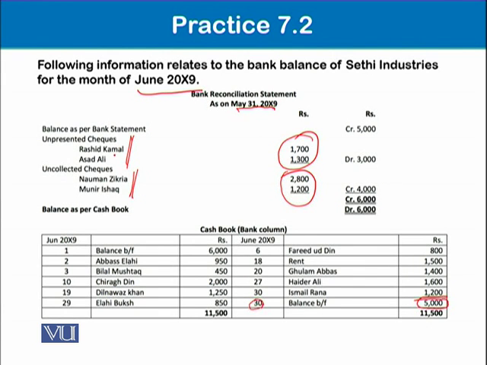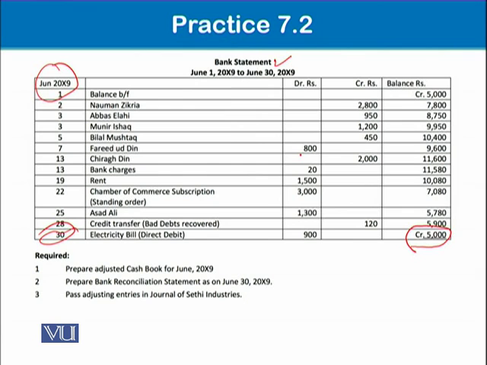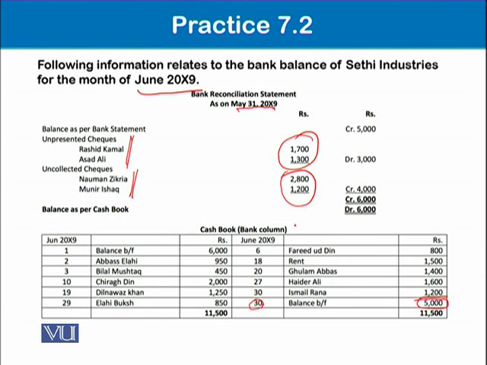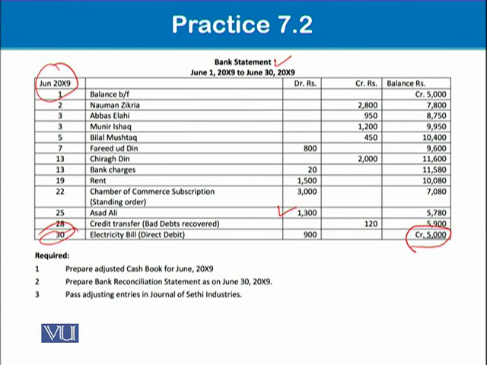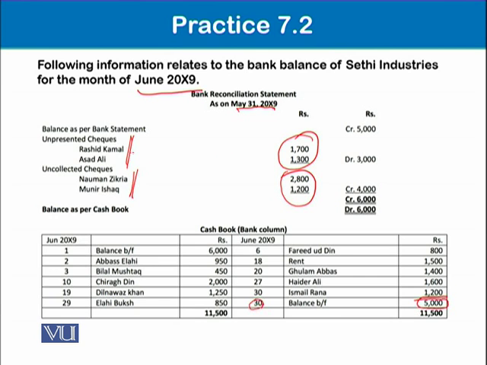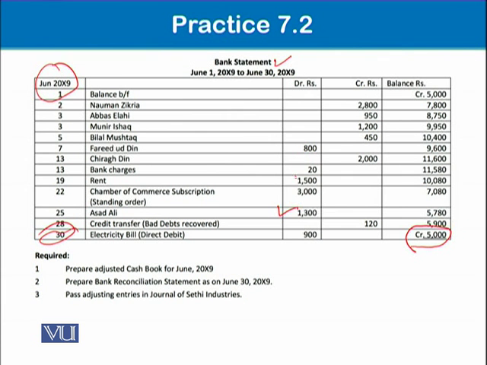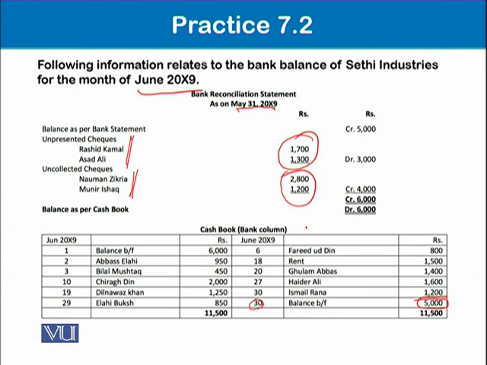Unpresented check means it was not presented in the bank, so these should appear on the debit side of the bank statement. Let's see. Yes, this 1300 of Asad Ali is appearing here. And this Rashid Kamal 1700 is still not appearing in the debit. So it means that this 1700 is still an unpresented check.